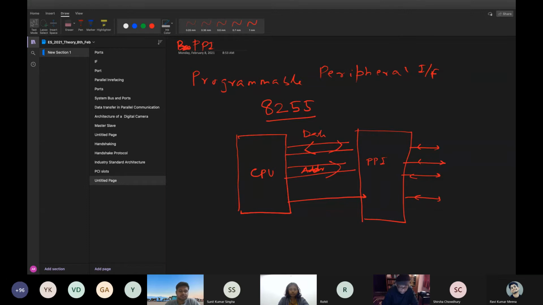Everybody has this IP. It's called 8255. This is the chip which I will share with you directly. All of you, please get this.